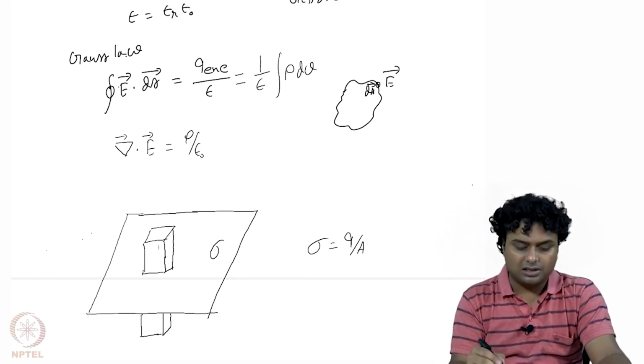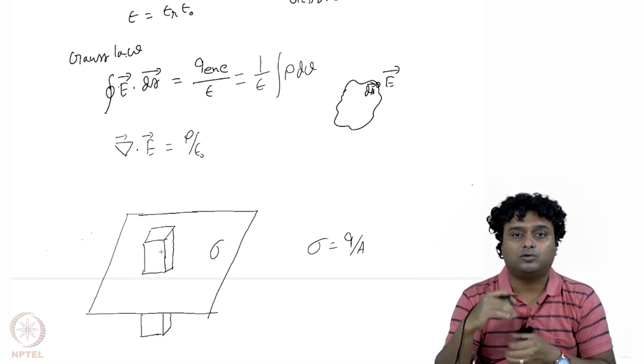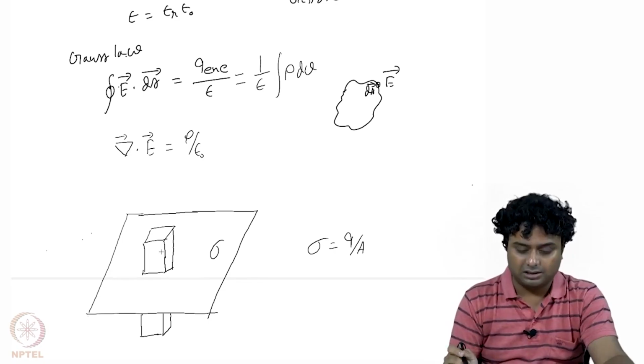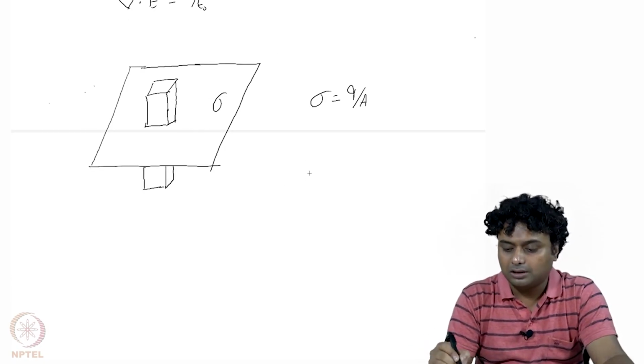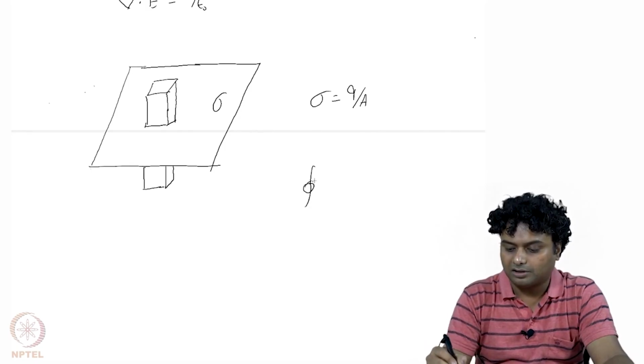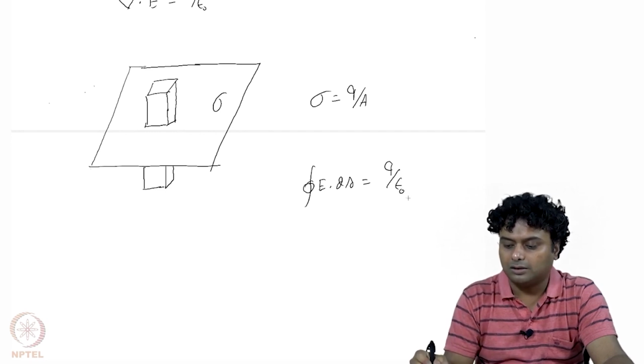So this parallelepiped is ultimately enclosing some amount of surface charge. Now we will use Gauss law. According to Gauss law, we know that the surface integration over E dot ds is equal to q by epsilon naught, where q is the enclosed charge.